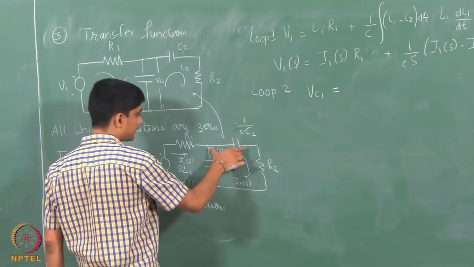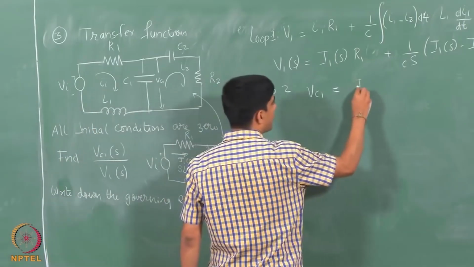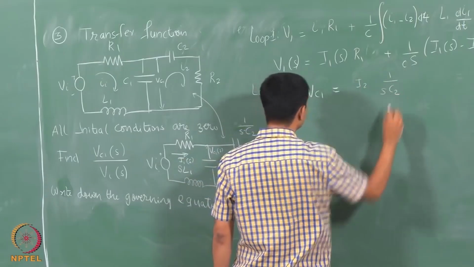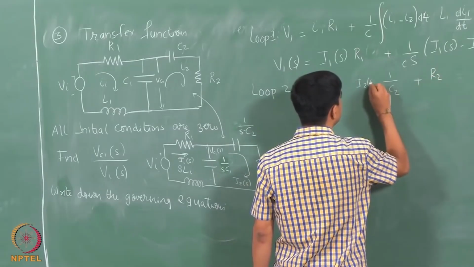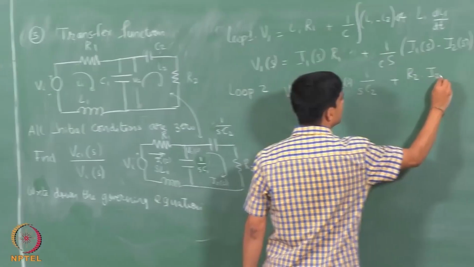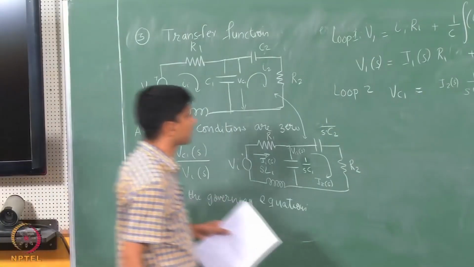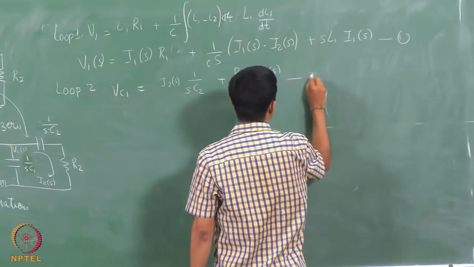Vc1 is the current through here, I2, times 1 over S C2 plus R2, okay, all this will be in S, I2 of S. Okay. Now, I have equation 1, I have equation 2.